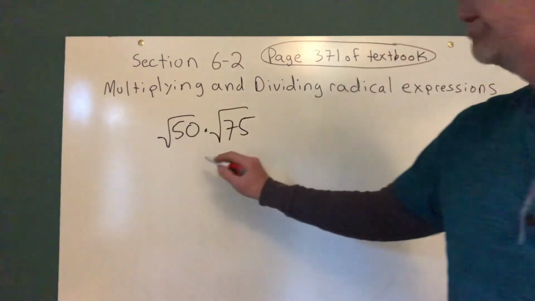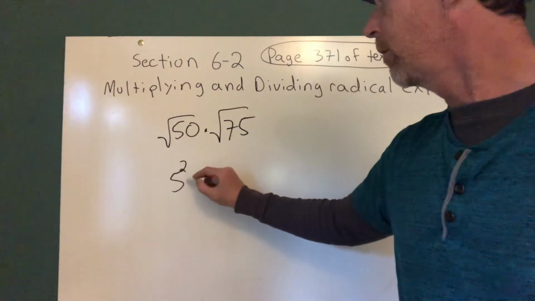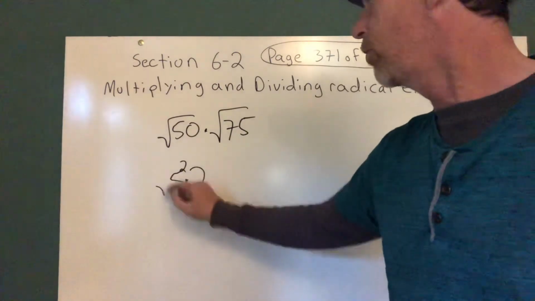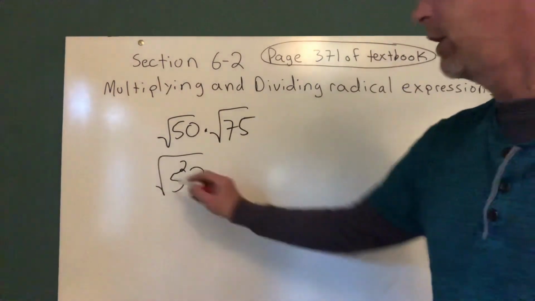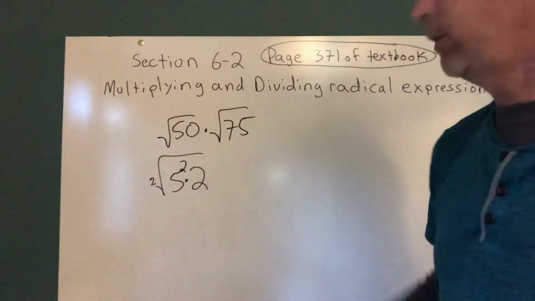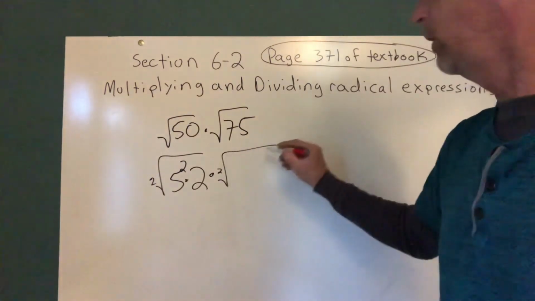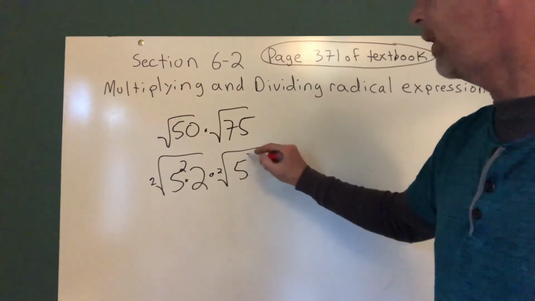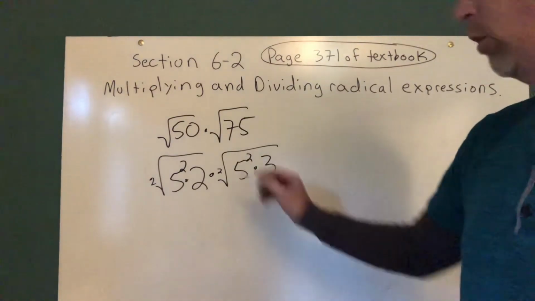Okay, here we go. This is 25 times 2, square root. Notice how I wrote 25, 5 to the second, keeping an eye on the prize of what I'm looking for. Times the square root of 25 times 3. Well, the 5's will add up.